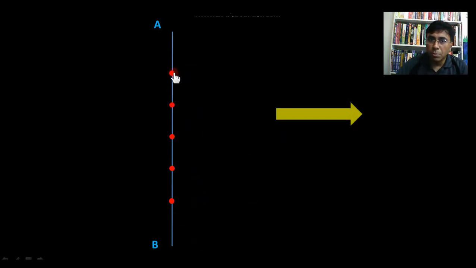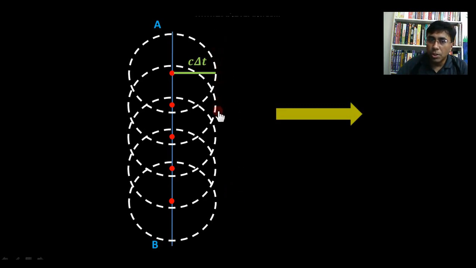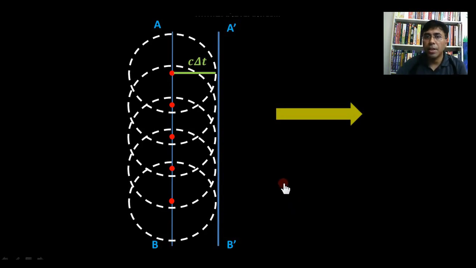Now from these points, if I draw the wavelets of radius c delta t, I get the secondary wavelets. And when I envelop all these wavelets from the front like this, I get the position of the secondary wavefront, which is A dash B dash in this case.